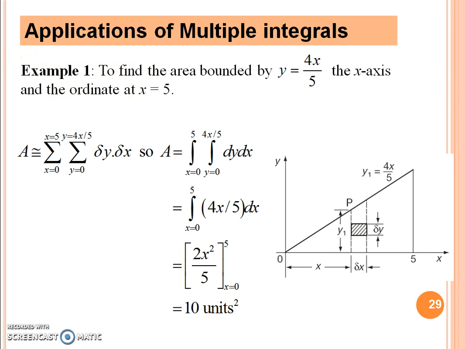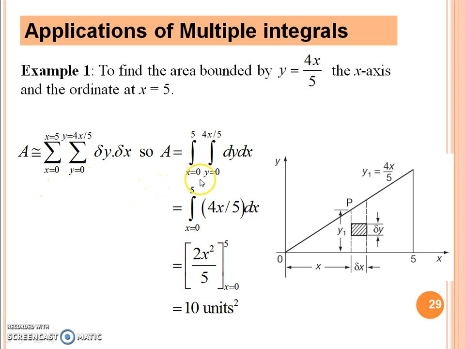Now we discuss an example on finding the area by using a multiple integral. Here the example is to find the area bounded by the curve y equal to 4x by 5, the x-axis, and the ordinate at x equal to 5.